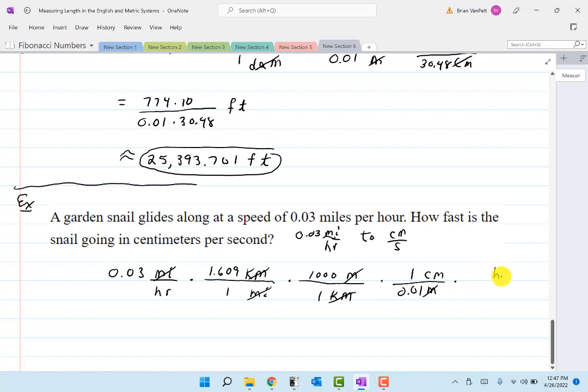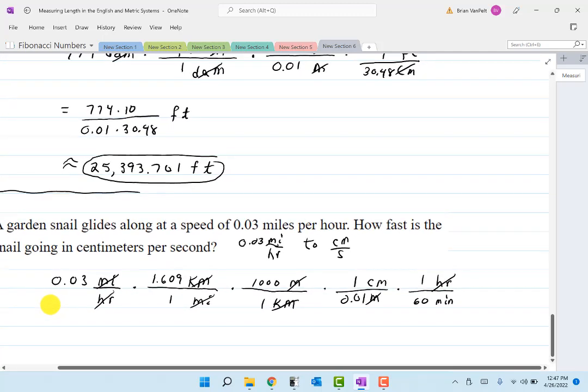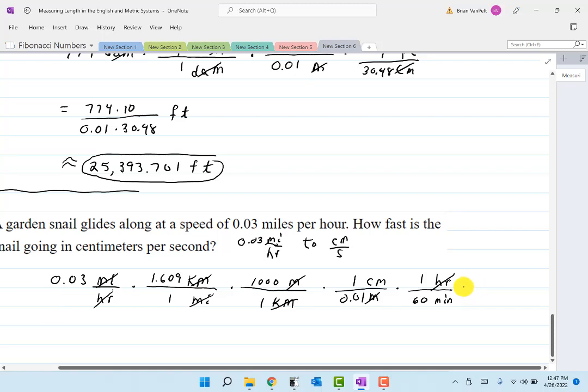Now I want the hour on top to wipe out the hour that was below. We know that 1 hour is 60 minutes. So I can cancel these hours, and right now then my units are centimeters per minute. Let me give myself a little more space over here.